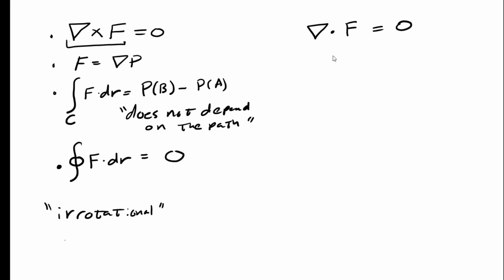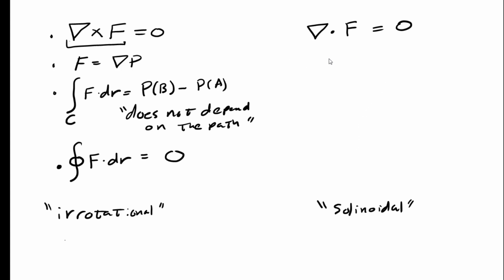Okay, so here's just some stuff that's useful to know, but it helps put things in context. So this is an irrotational field. This one, they call it solenoidal. I think that's how you spell it. Maybe it's an E. Solenoidal.